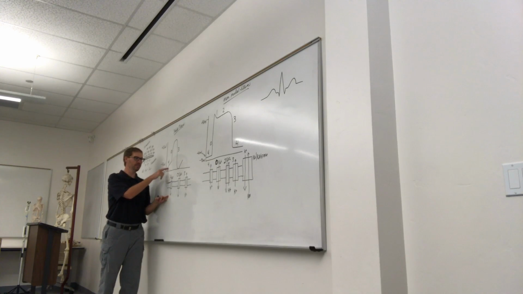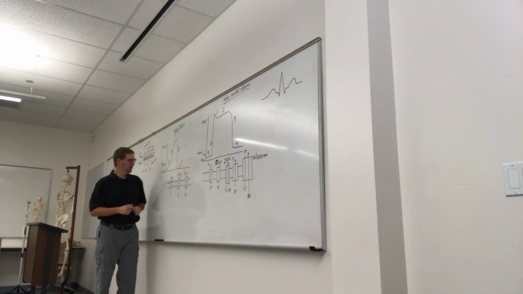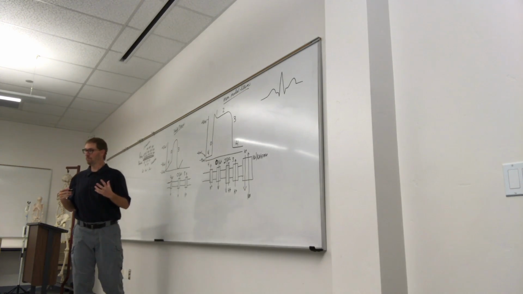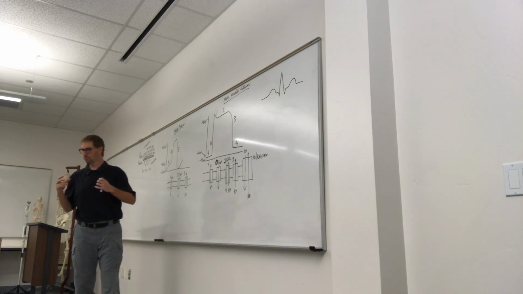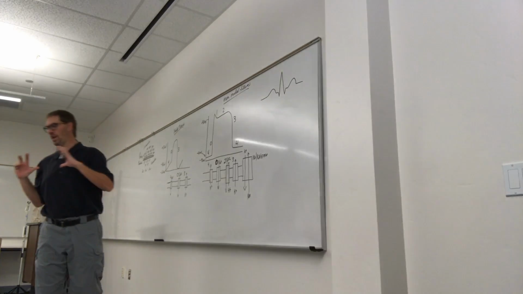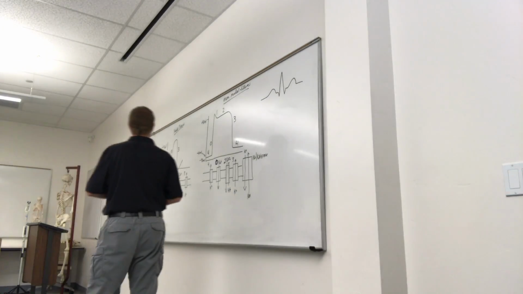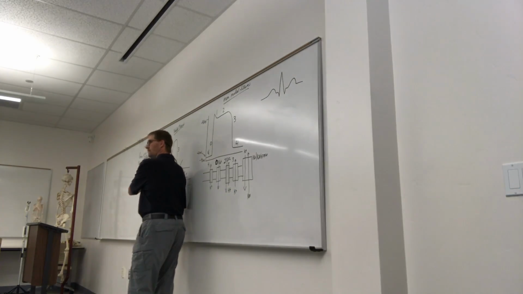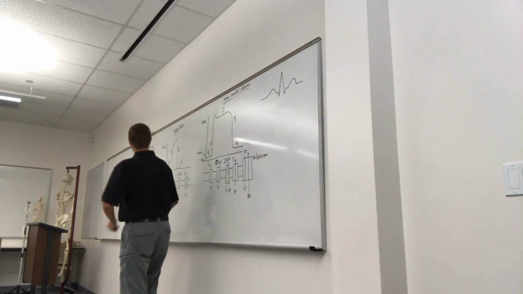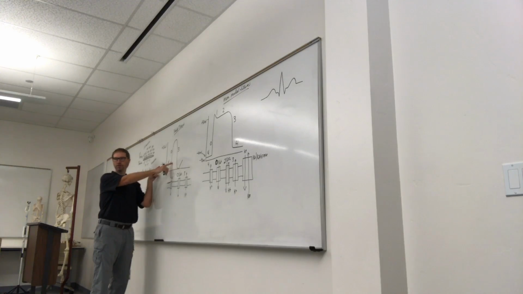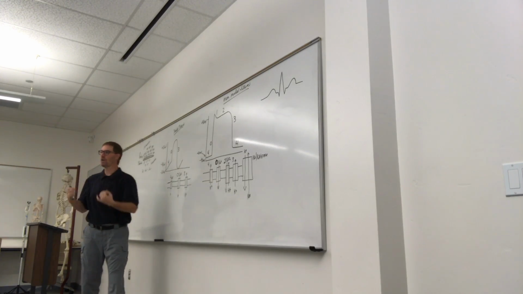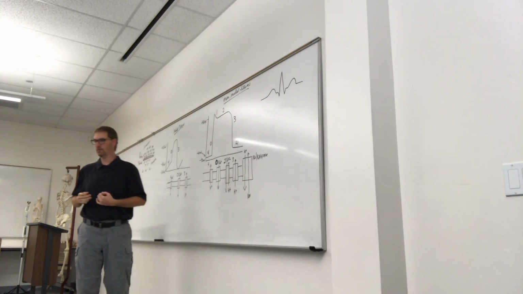Slowly entering these cells during phase 4 until there are channels that detect the membrane potential. And when that membrane potential reaches about negative 40 millivolts, that's known as the threshold potential.